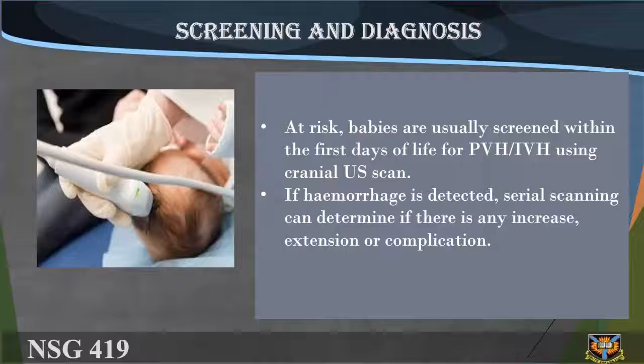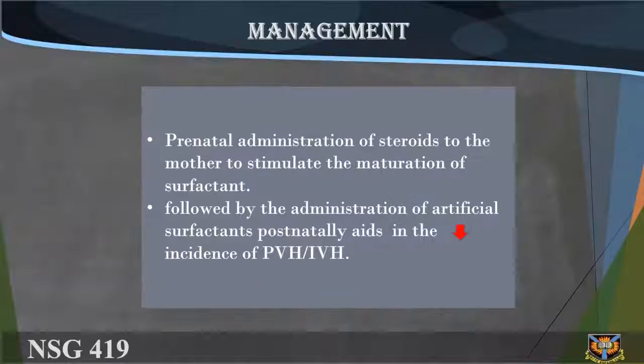Screening and diagnosis. At-risk babies are usually screened within the first days of life for PVH or IVH using cranial ultrasound scan. If hemorrhage is detected, serial scanning can determine if there is any increase, extension, or complication.